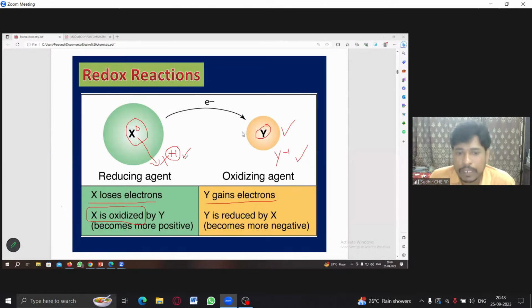As they are oppositely charged ions, there will be an electrostatic force of attraction between them, and X plus will combine with Y minus, forming an ionic compound, that is the XY compound.